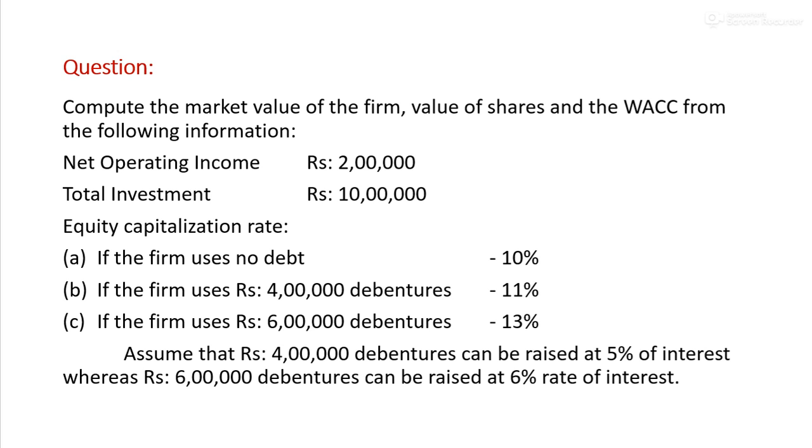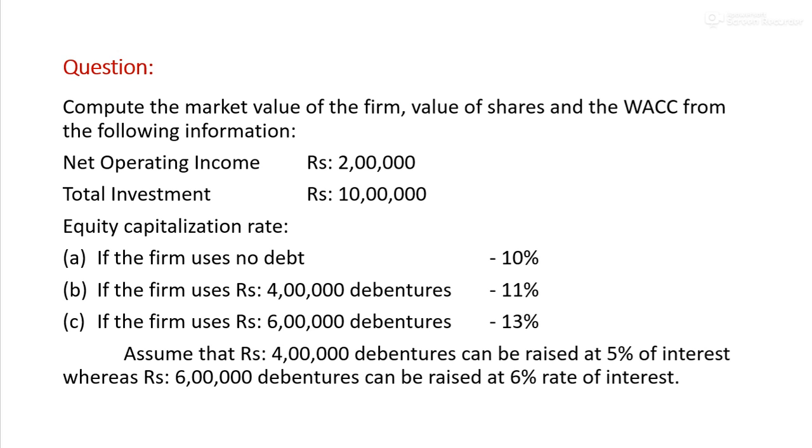If the firm uses rupees 4 lakh debentures, the cost of equity or equity capitalization rate is 11%, and if the firm uses rupees 6 lakh debentures, the equity capitalization rate is 13%. Assume that rupees 4 lakh debentures can be raised at 5% interest, whereas rupees 6 lakh debentures can be raised at 6% rate of interest. This is the question.